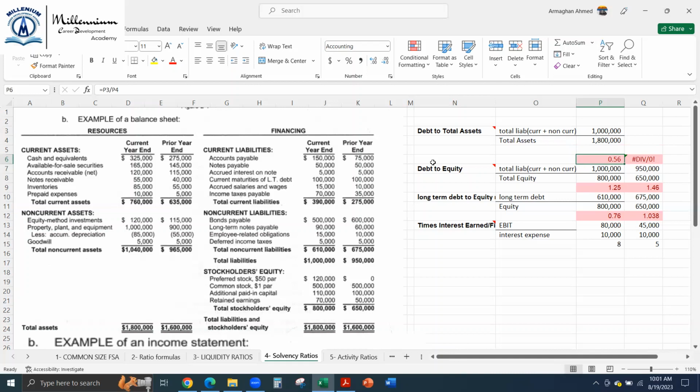Can you tell me how we can calculate for the prior year? Prior year, 950,000 divided by 1.6 million. So that will come to 59%. So what do you think about these ratios now?